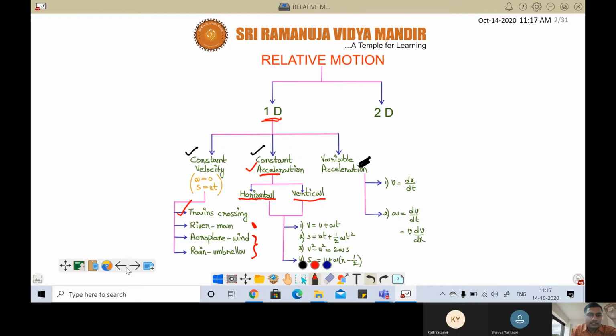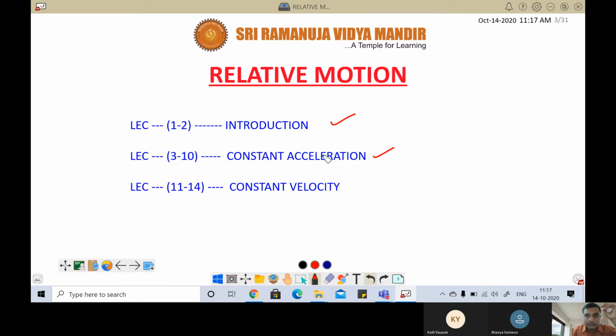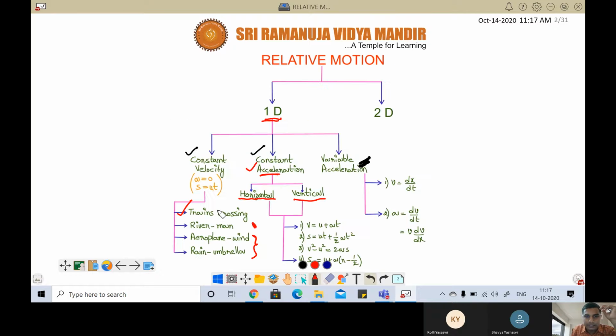Then I started 11 to 14, constant velocity. In that I have completed trains crossing each other, 1D. This is relative motion in 1D. Then riverman, aeroplane wind, and rain umbrella are relative motion in 2 dimensions.